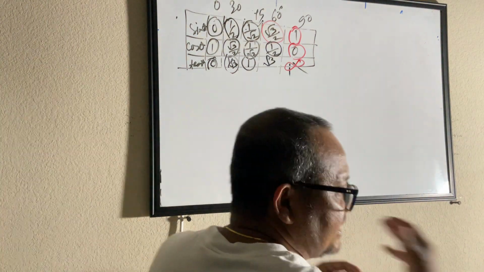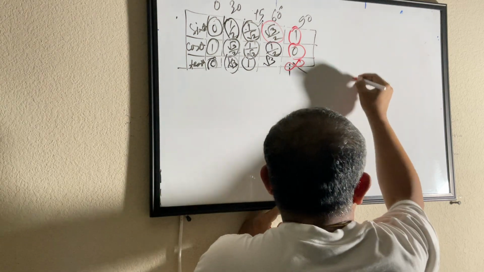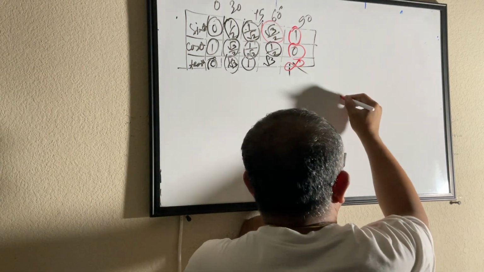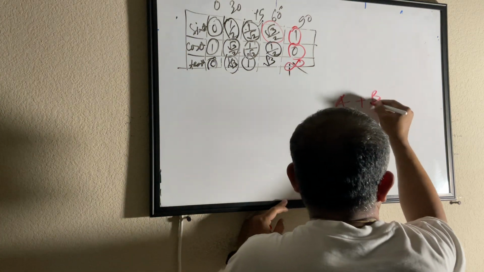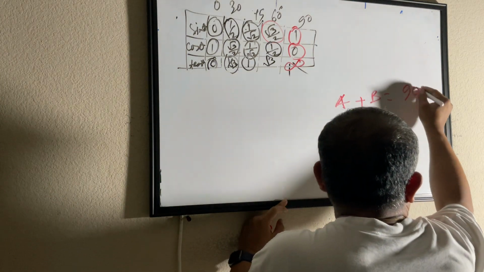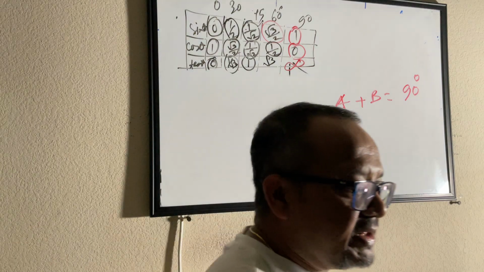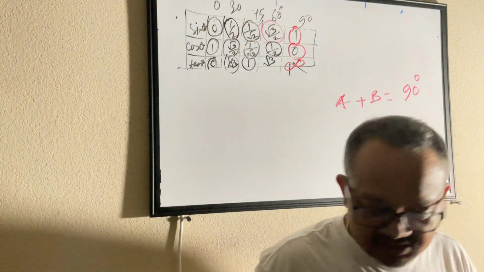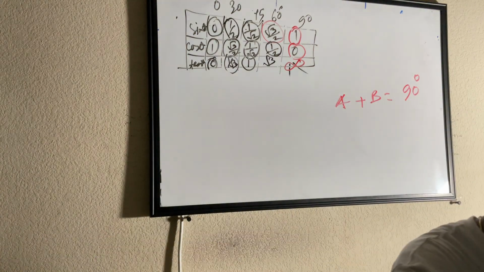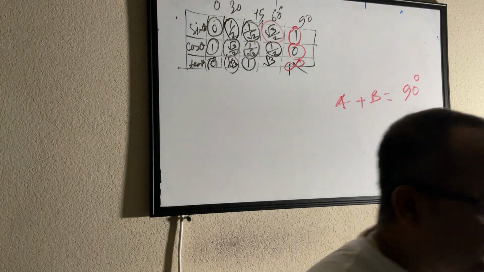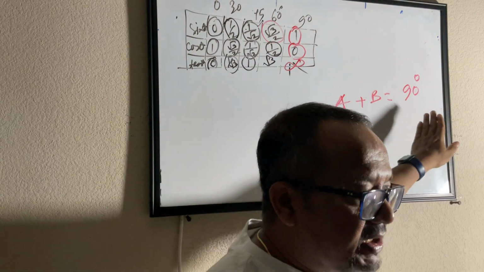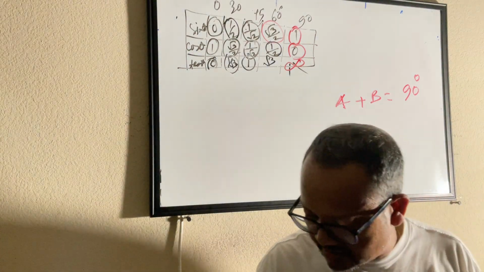So complementary, like David said, if two angles A and B add up to 90 degrees, they are called complementary angles.